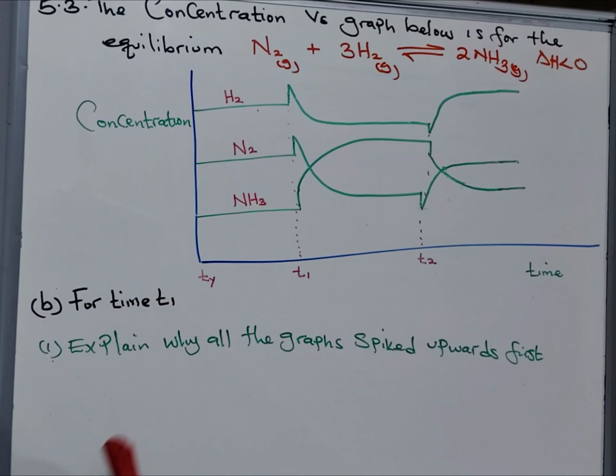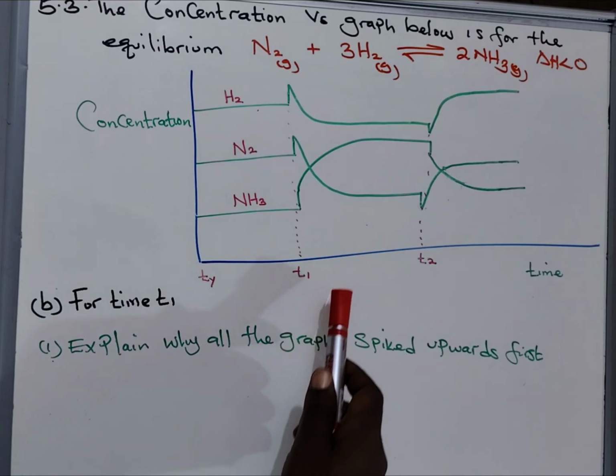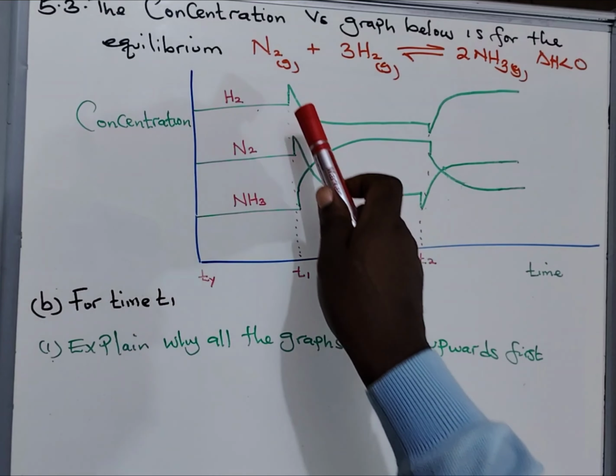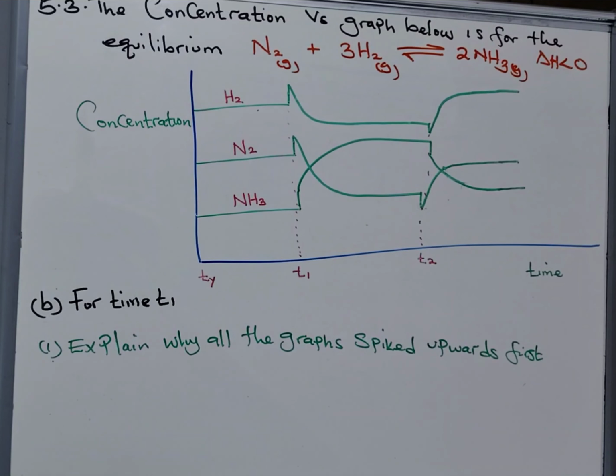Then comes this question. It says that for time T1, explain why all the graphs spiked upwards first. We are seeing it here, all of them spiking upwards. Why? The answer is that at T1, the volume of the container decreased.